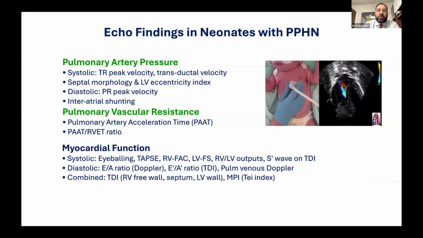I'm not sure we all do all these parameters, but a couple of significant parameters can help us and aid us in the final diagnosis. Evaluating the pulmonary artery pressure and the vascular resistance, in addition to the myocardial function itself, is paramount in establishing a good case of PPHN to help us in the management.